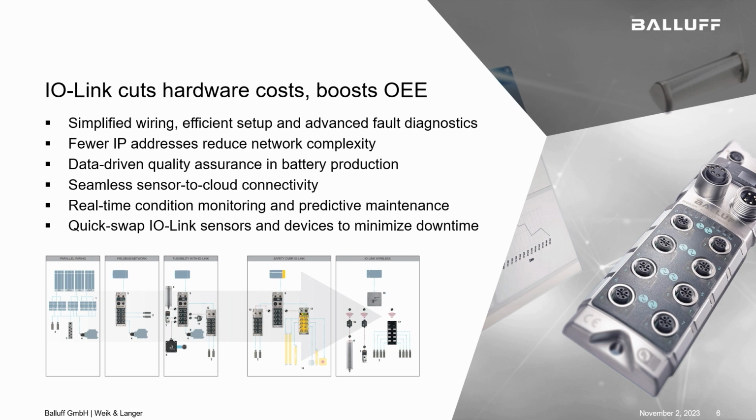And we're getting advanced fault diagnostics as well, to make the application more transparent and to be able to react much faster on changes of my environmental situation in the application. We are able to reduce the number of IP addresses as well.